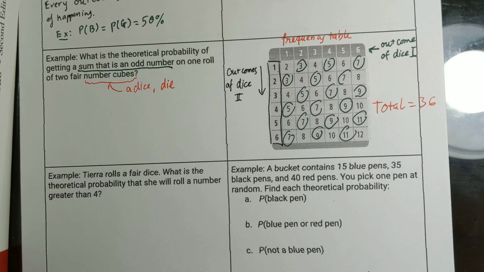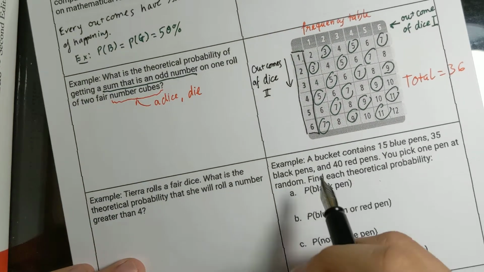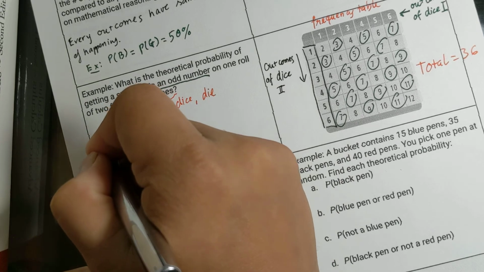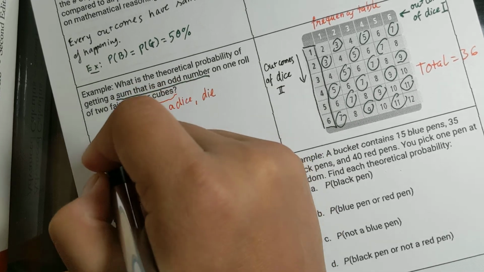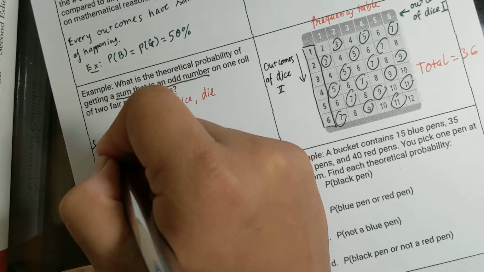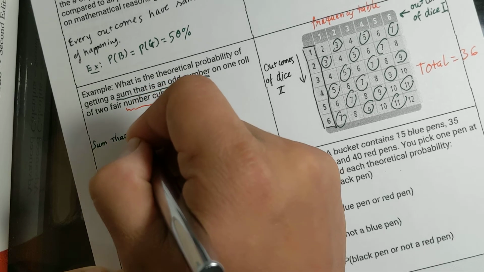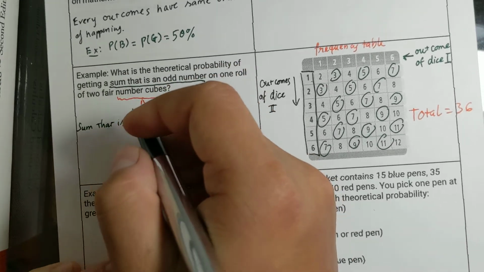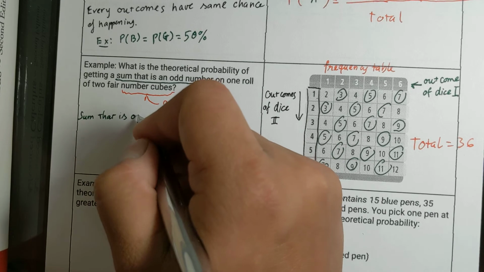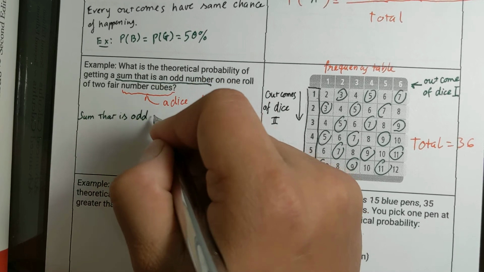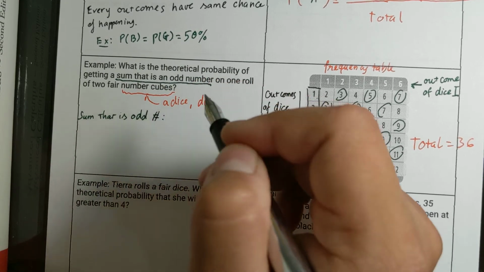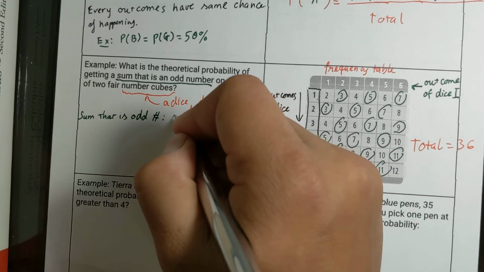And here, the number of sums that are an odd number is going to be 18.